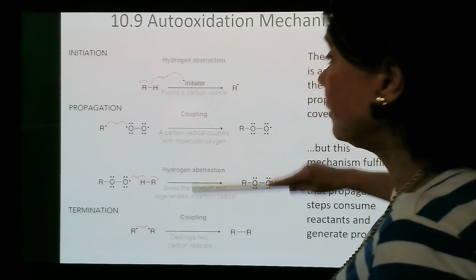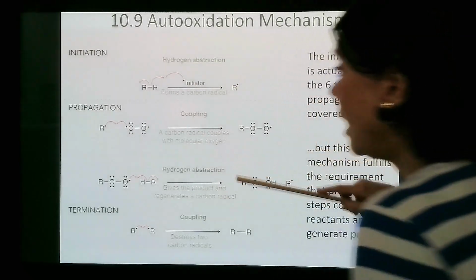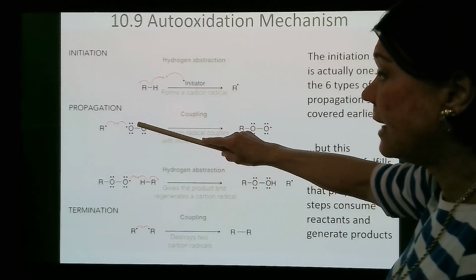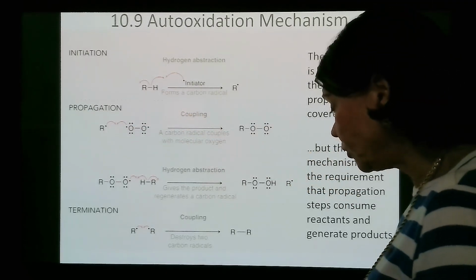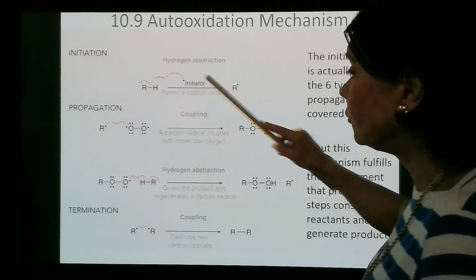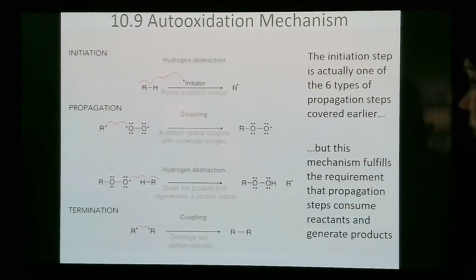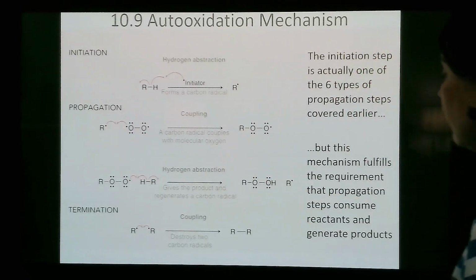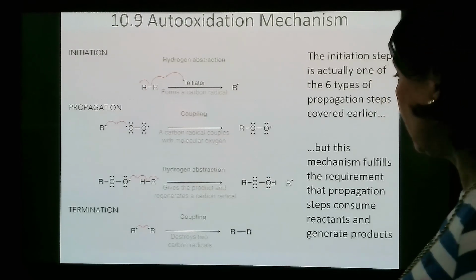But this chain reaction mechanism does have the initiation, propagation, termination, and indeed the propagation consumes the reactants and produces the products, and it also regenerates the intermediate that has to be used in the next step here and here. So it does fit the definition of a radical chain reaction in that way.